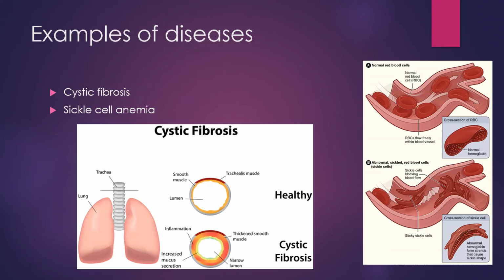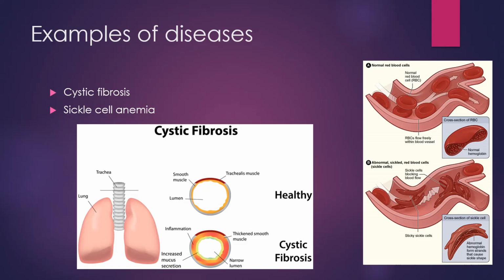This is caused by many mutations, but the most common one is the deletion of 3 nucleotides in the cystic fibrosis transmembrane conductance regulator gene that results in the loss of an amino acid and causes incorrect folding in the protein.